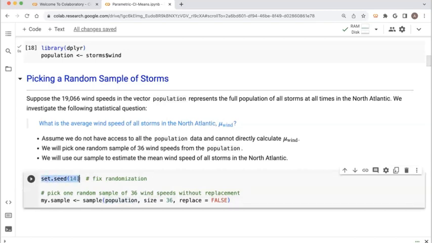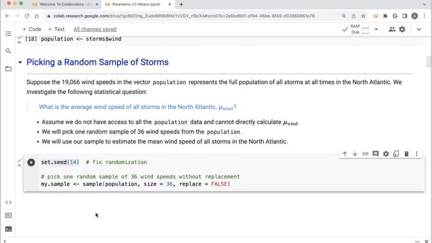Here I've just set the seed so that I will get the same sample every time I run this code. It's always fun to turn that off and then actually see how the randomization is at play here. Each time you run this code cell without the seed set, you'll get a different random sample. But I've picked my random sample and I've stored it in this vector called my sample.